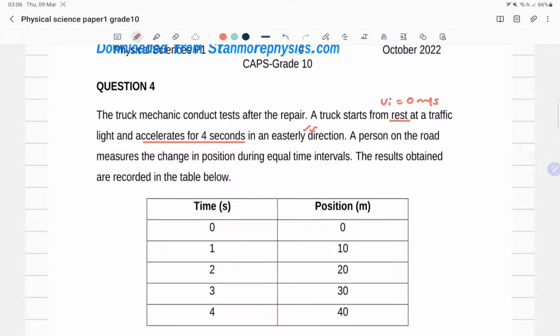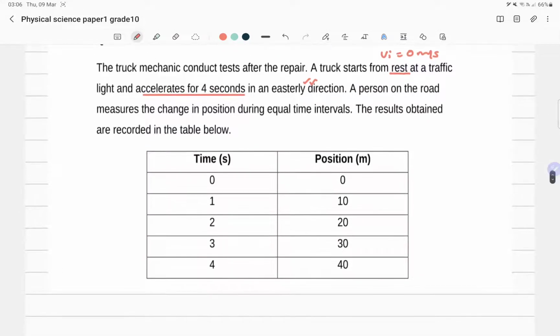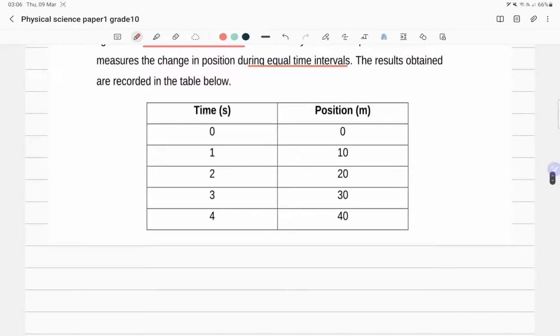So here you can tell we're going to need equations of motion, right? A person on the road measures the change in position during equal time intervals. Now the results are obtained in the graph below. Great. So we've got time there, and we've got the displacement.